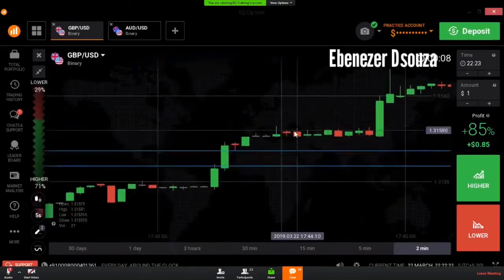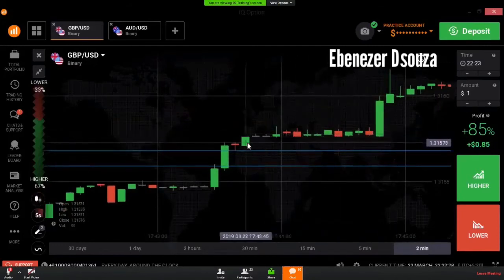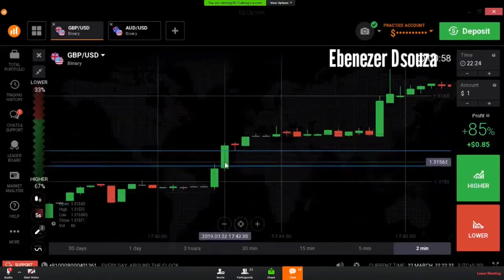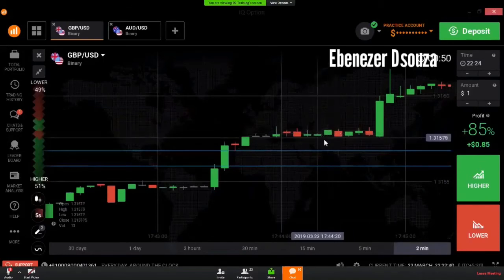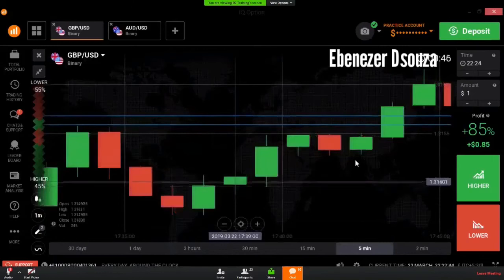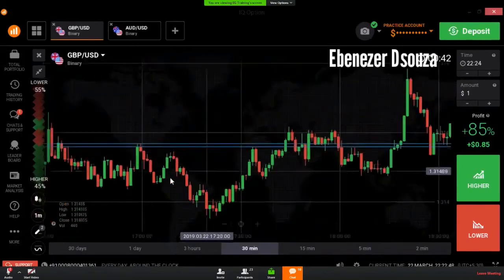There is no strong confirmation from sellers in the first 30 seconds. You can place your trade with this confirmation, this one, and this one. But you are seeing here weak candles in the first 30 seconds, so you can't place your trade with this confirmation. If you get any strong confirmation from sellers on the next candle, you can place your trade after breakout.